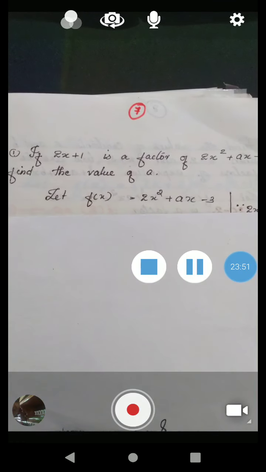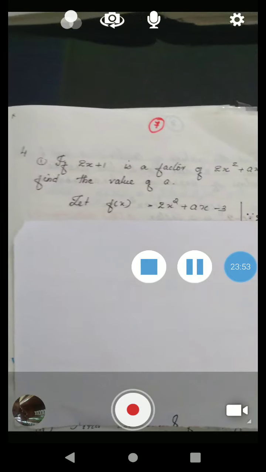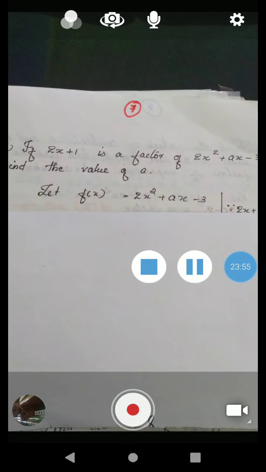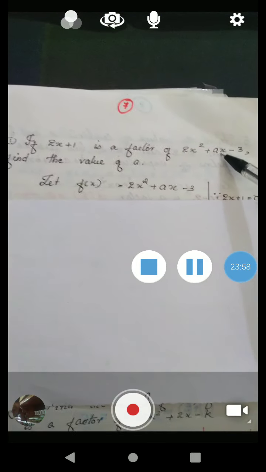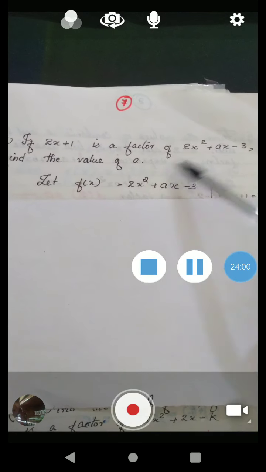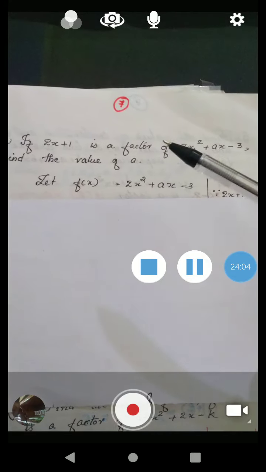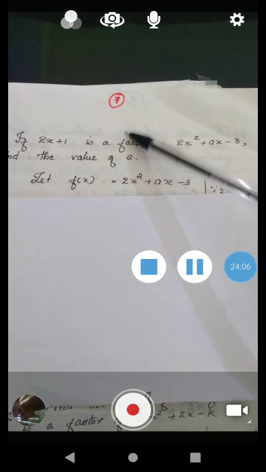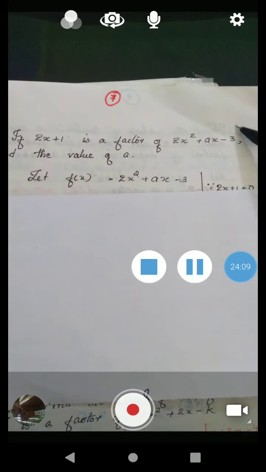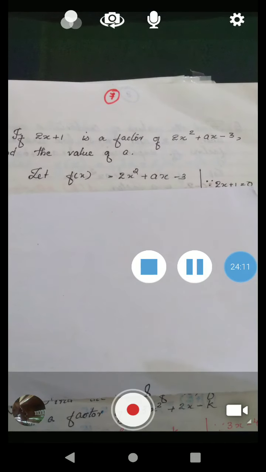Now question number 4. If 2x plus 1 is a factor of this expression, find the value of a. In this question, it is already given 2x plus 1 is a factor of this expression. So, what can we write?